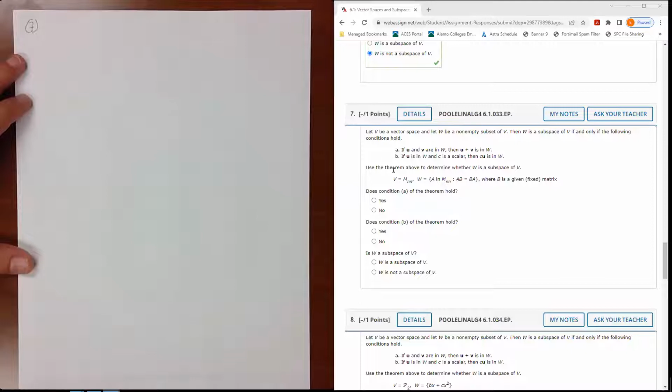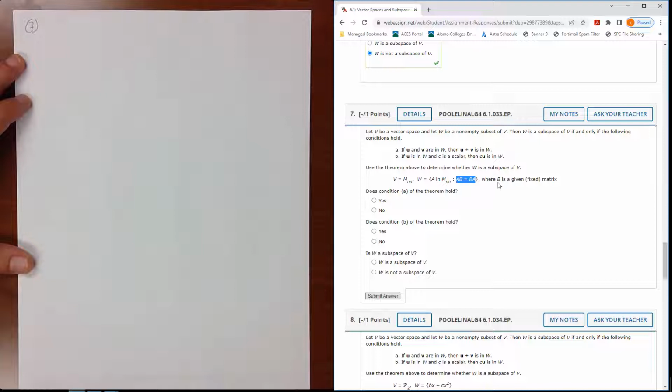So example 7, here are the two conditions. They say V is the matrices of size n times n, and W is any matrix A belonging to V with this condition.